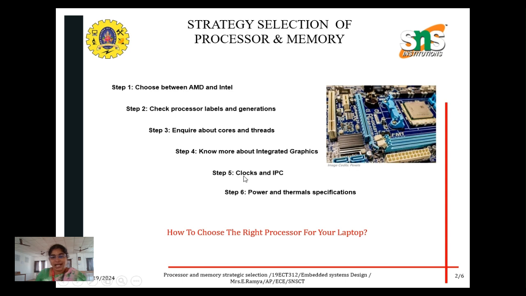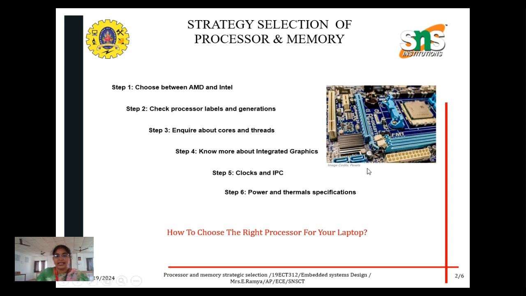Next is the clocks and IPC: how many clocks, what clock speed we are going to use in that processor. The sixth step is power and thermal specification, power consumption and thermal specification. With these steps, we can know how to choose the right processor for your laptop.